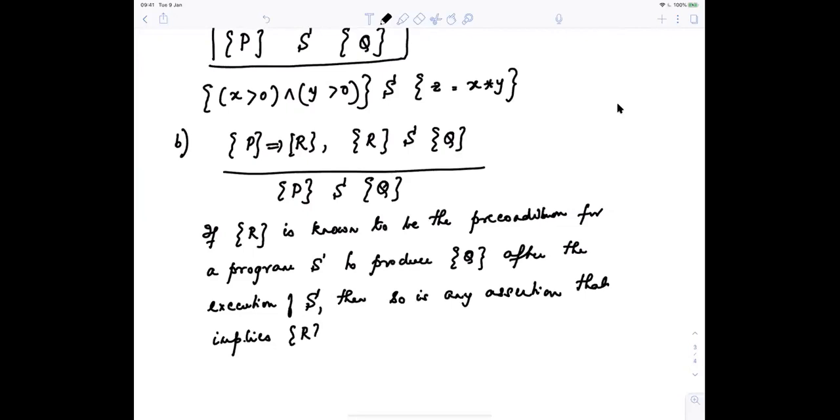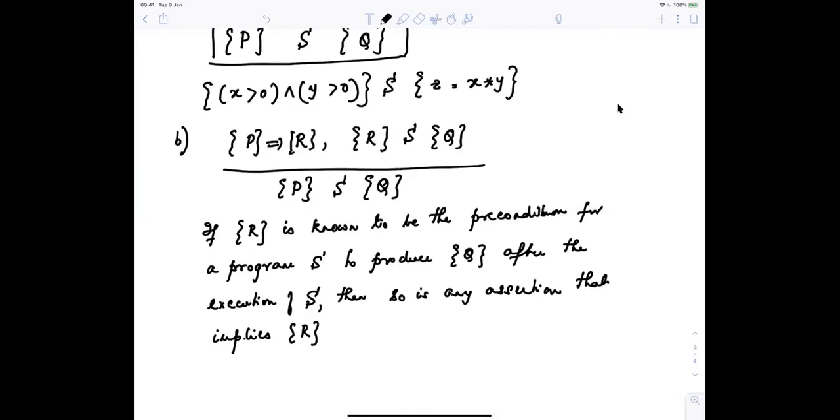We are saying that we know that R is a precondition for a sequence of statements S, and execution of the program leads us to produce the assertion Q. Then we have some assertion which implies R, in this case P over here.